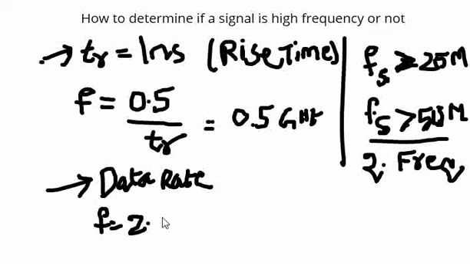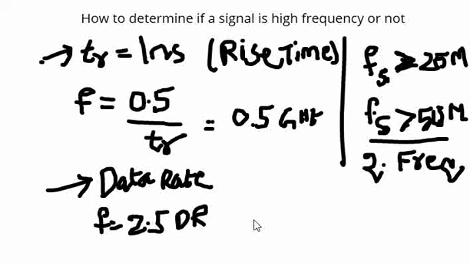The relation between frequency and data rate is 2.5 times DR. So if the data rate is given as 1 Mbps, it becomes 2.5 megahertz. So based on the data rate, determine the frequency and then determine the application of high frequency principles.